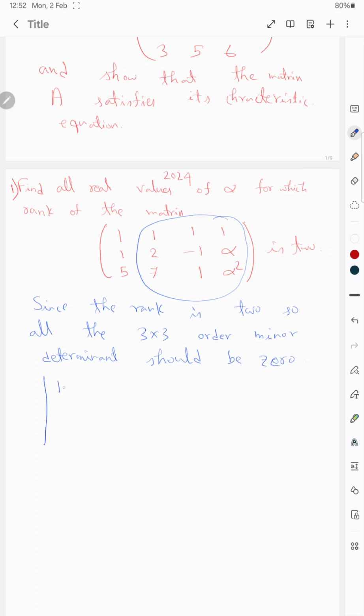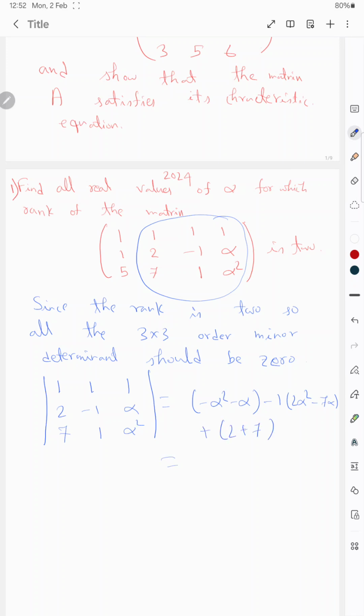So you have 1 1 1, 2 minus 1 alpha, 7 1 alpha square. This determinant if you find, so basically minus alpha square minus alpha minus 1 common, then 2 alpha square minus 7 alpha plus 1 into 2 plus 7.